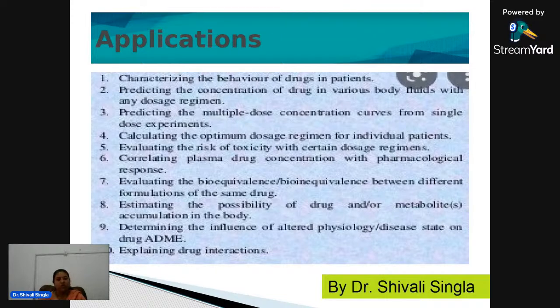Here the first step is absorption, but if the patient is suffering from ulceration, then absorption will be fast. Here the physiology of that particular patient is altered, and the drug's absorption is changed. So these parameters tell us about the change of the drug's parameters or the change of the drug's ADME.